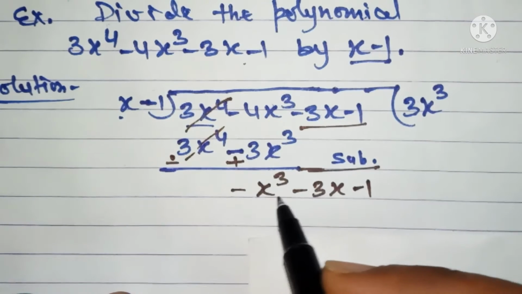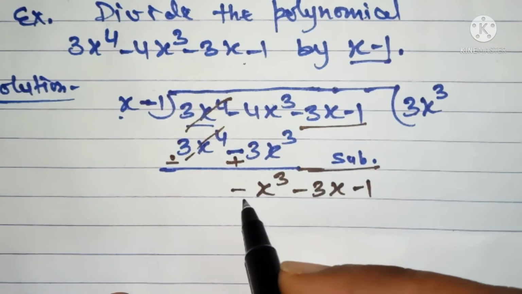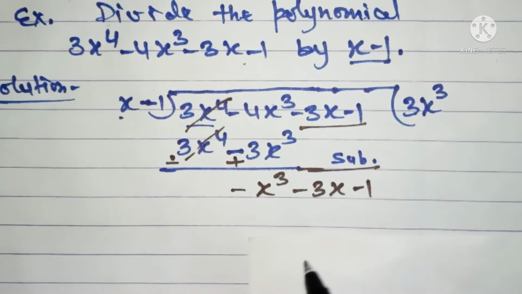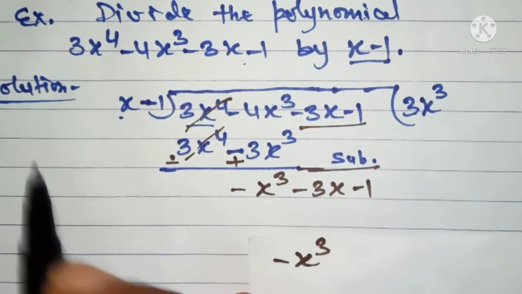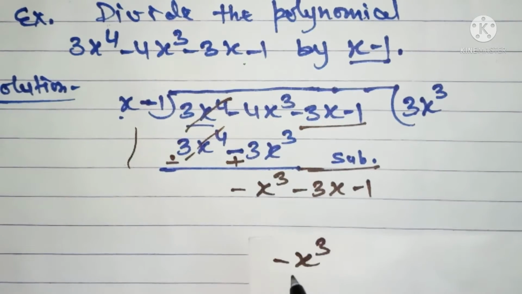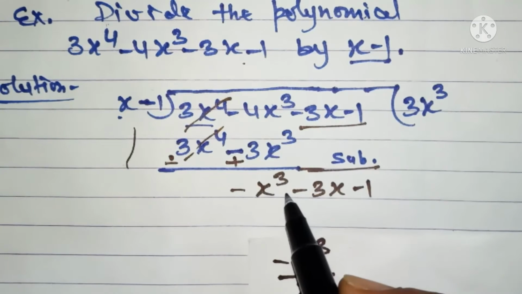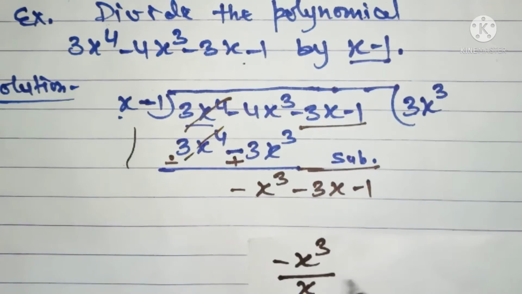Now minus x to the power 3 minus 3x minus 1 will be the new dividend, while the divisor will be the same. The first term of the new dividend is minus x to the power 3 and the first term of the divisor is x. We have to divide the first term of the dividend by the first term of the divisor.